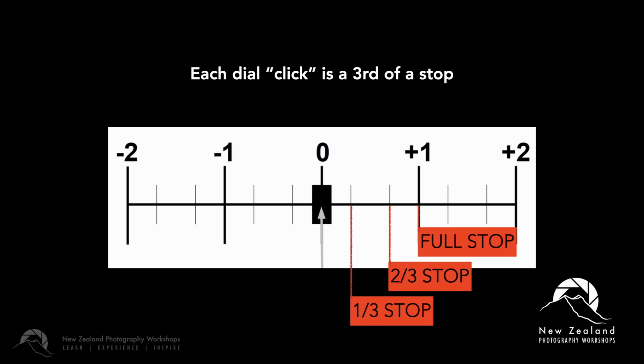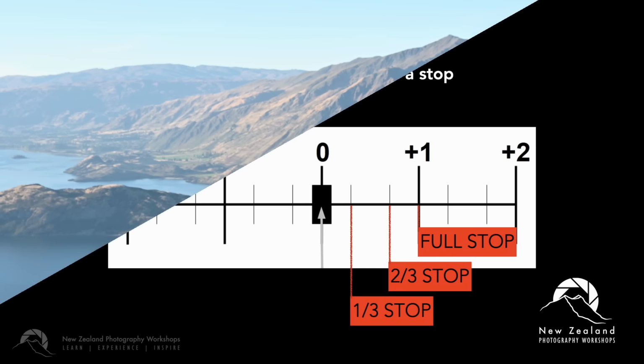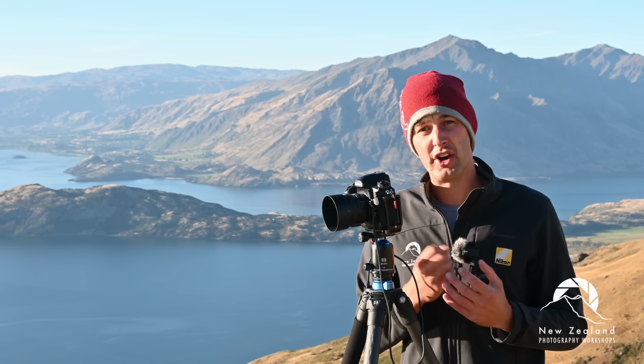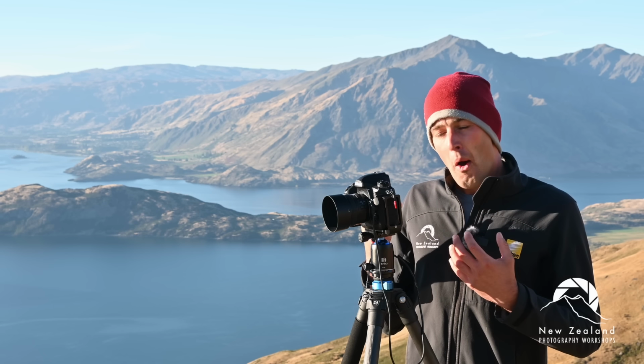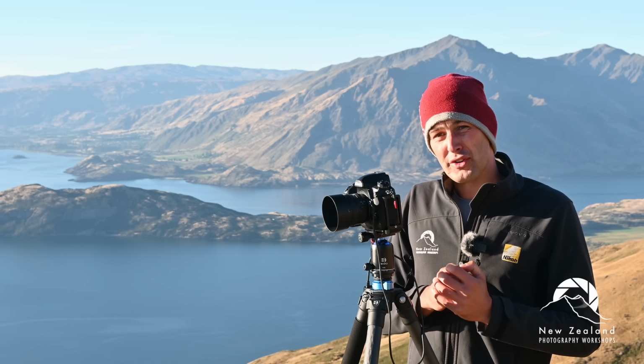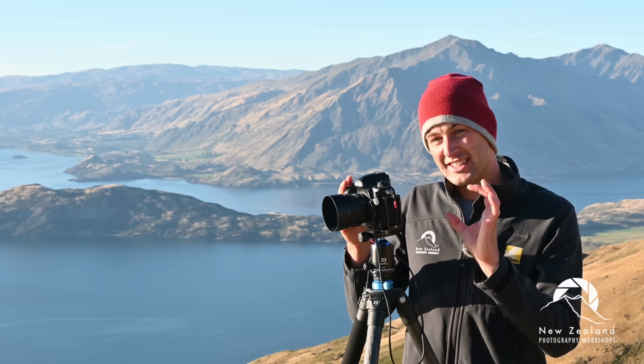The big dash denotes a full stop of light, and the smaller dashes denote 1/3 of a stop. We'll get to the difference between those full stop and 1/3 stop adjustments in a minute, but what I need to focus on to start with is zeroing it out.